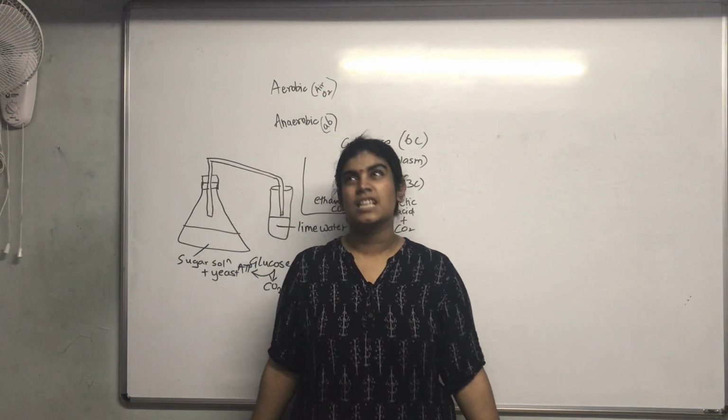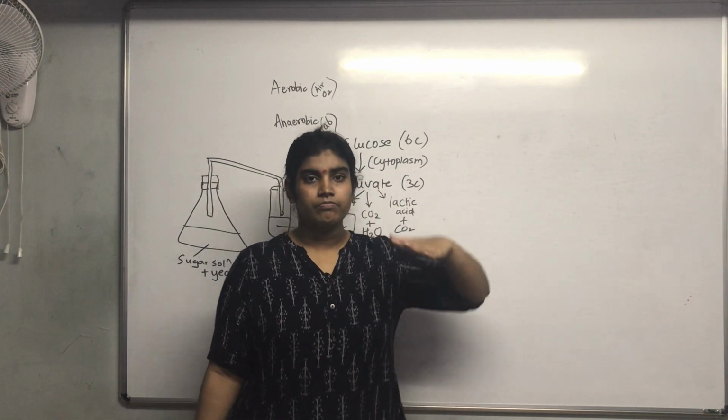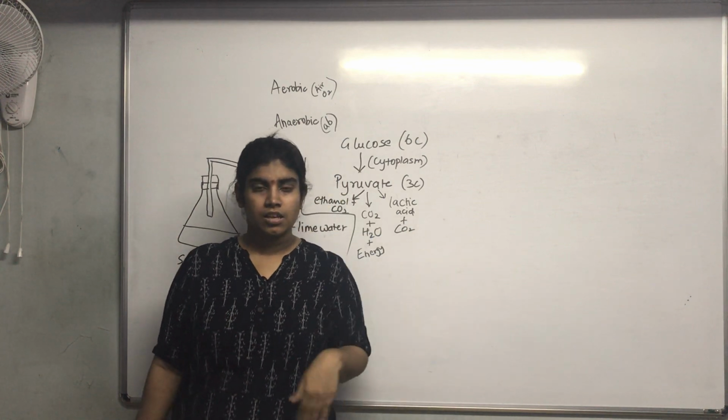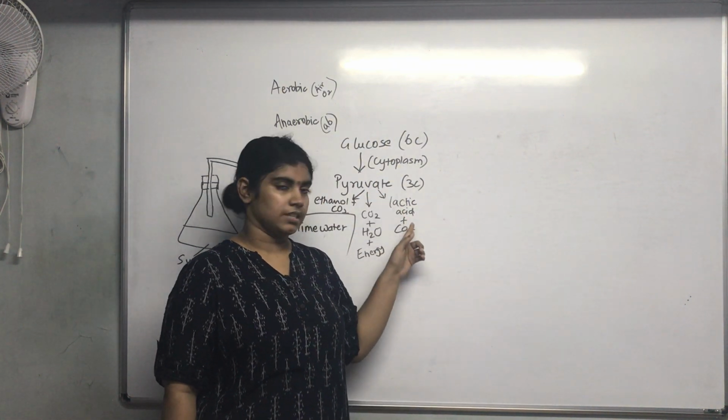Why do we get cramps? In our legs, or maybe in our hands, or maybe the lower foot is twisted. Why does it happen so? It is because of this process.